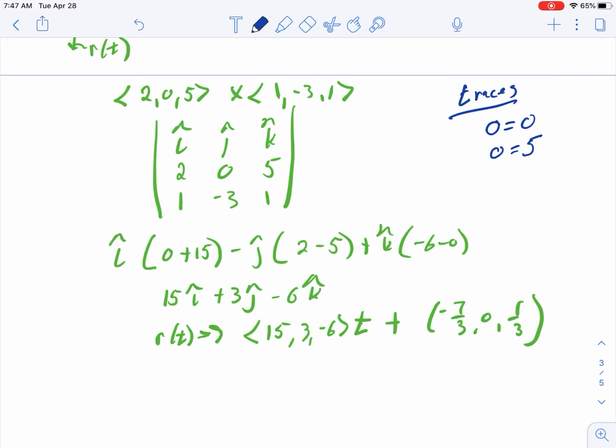Okay, if you get something like, say, 0 equals 5, that means they don't intersect. So a couple things to talk about on the traces in terms of solving that could happen. So just think back to Algebra 1 and Algebra 2 days of all solutions and no solutions, what would happen when you're solving with your traces.